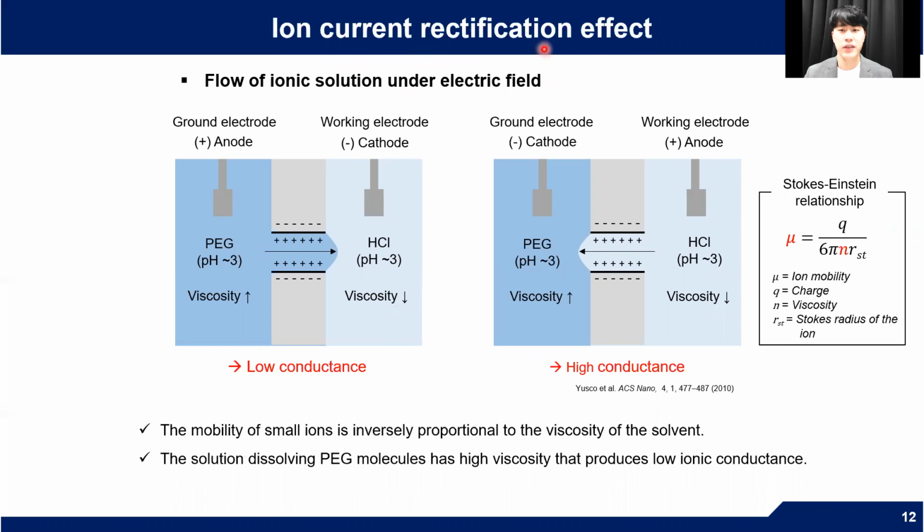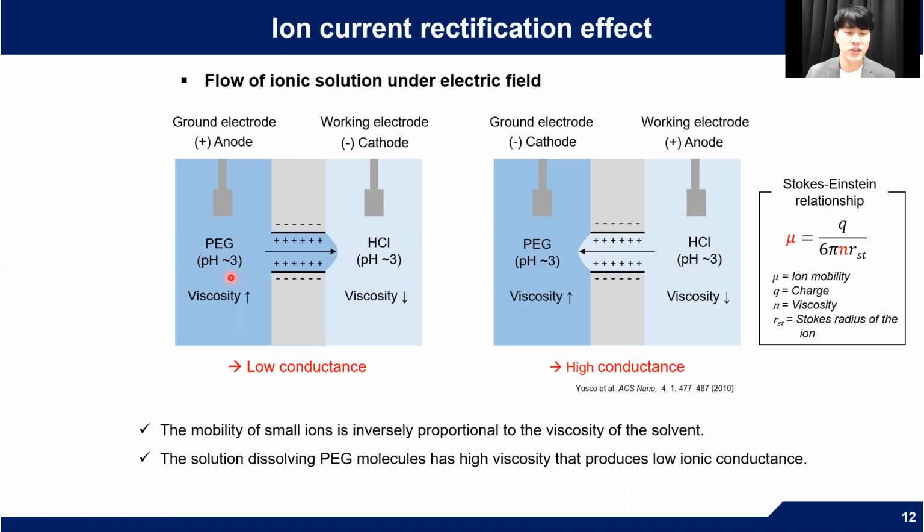The ion current rectification effect can occur due to the electroosmotic flow. As described in the previous slide, the electroosmotic flow occurs toward the cathode in the CNT channel. And according to the Stokes-Einstein relationship, the ion mobility is inversely proportional to the viscosity of the solvent.